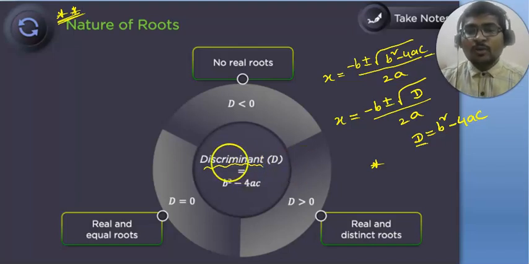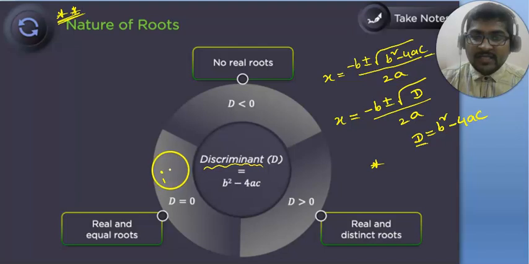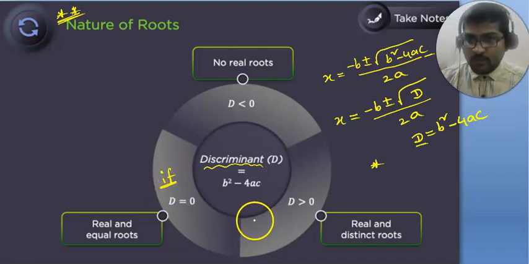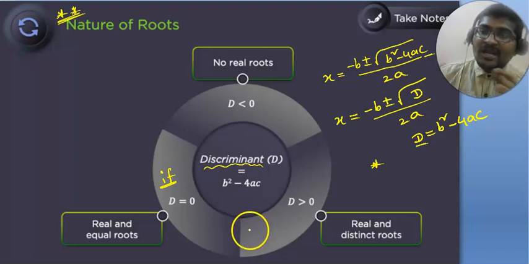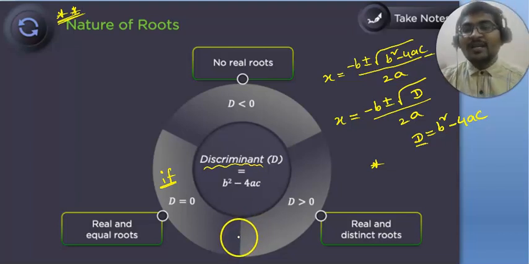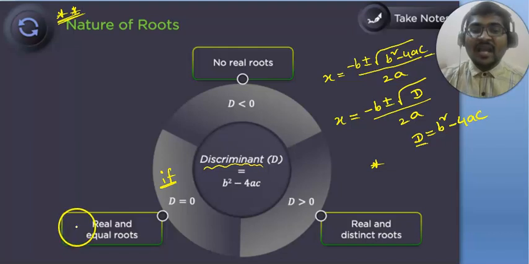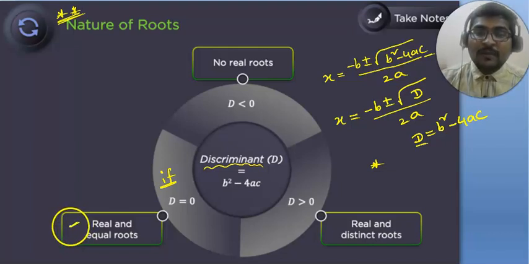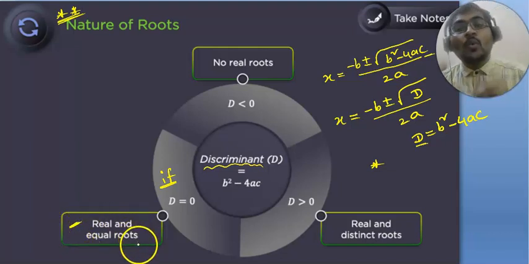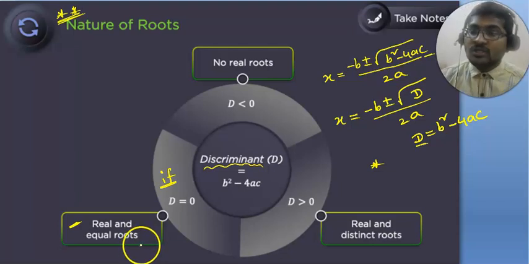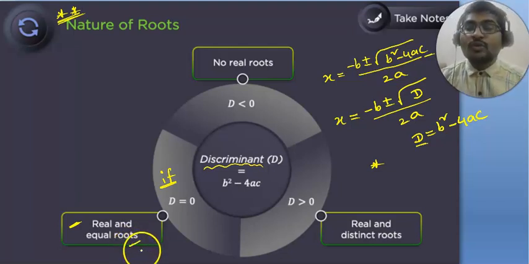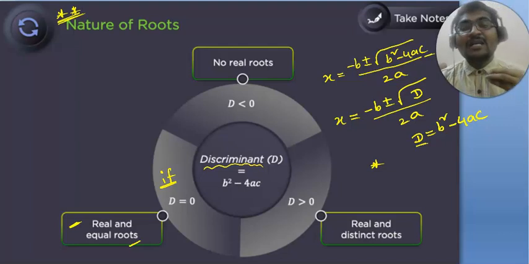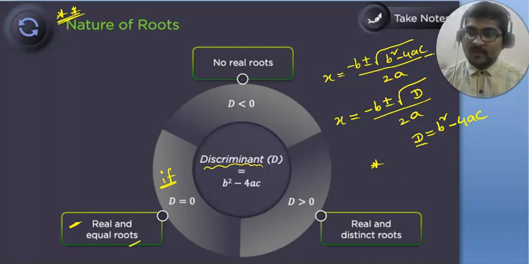So, if discriminant D is equal to zero, the nature of the roots may be real and equal roots.